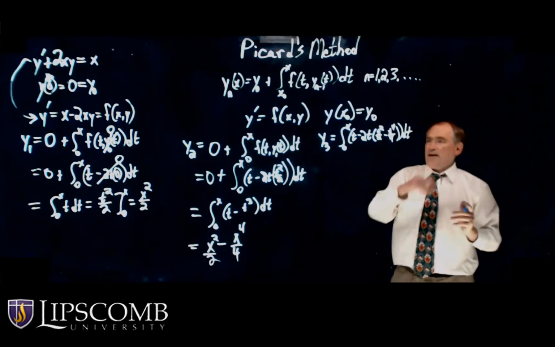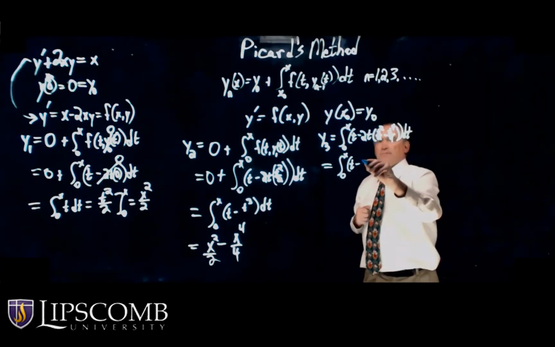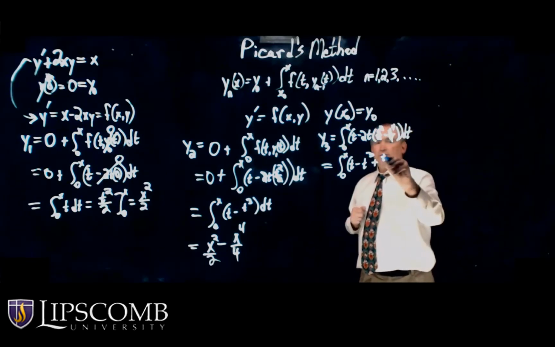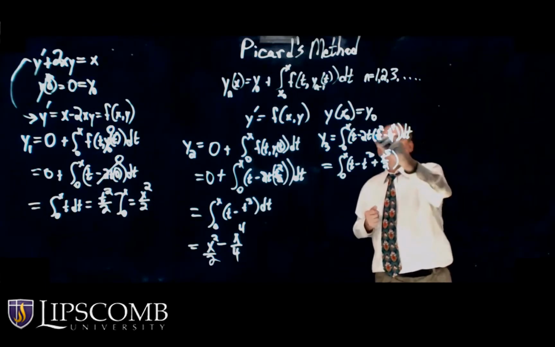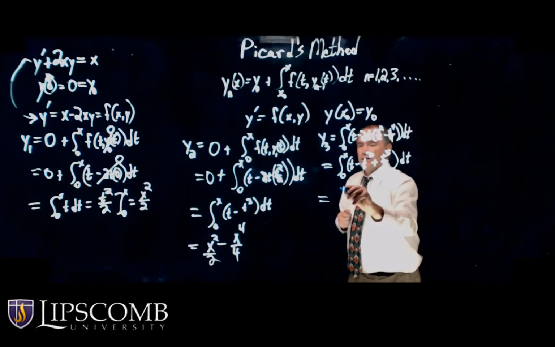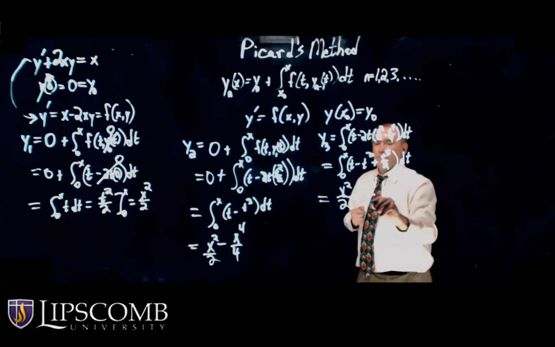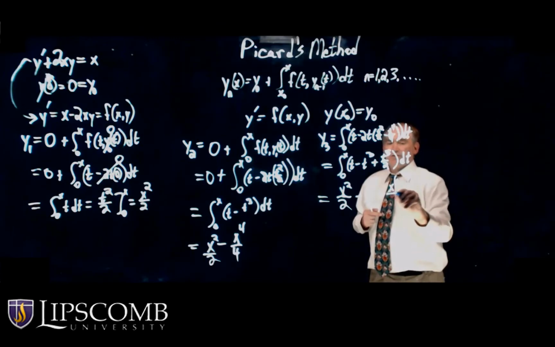We get the integral from 0 to x of t minus t cubed plus t to the 5th over 2. How did I get that? The 2 over the 4 is 1/2, and t times t to the 4th is t to the 5th. So what do I get here? I get x squared over 2 minus x to the 4th over 4 plus x to the 6th over 12.